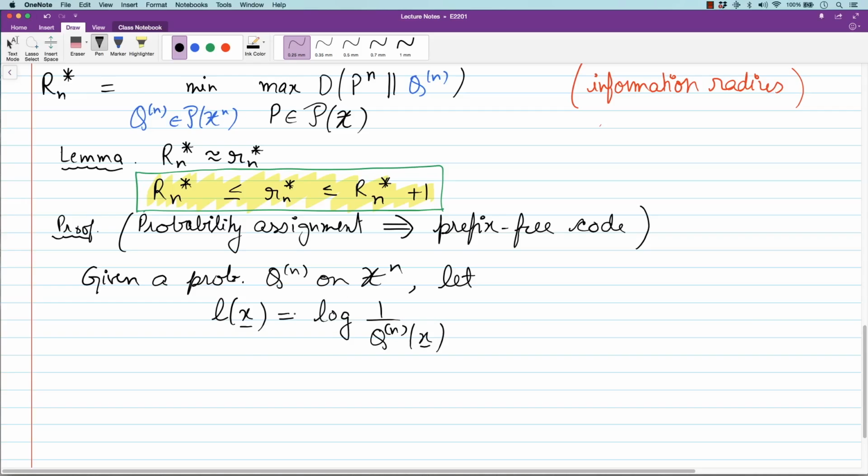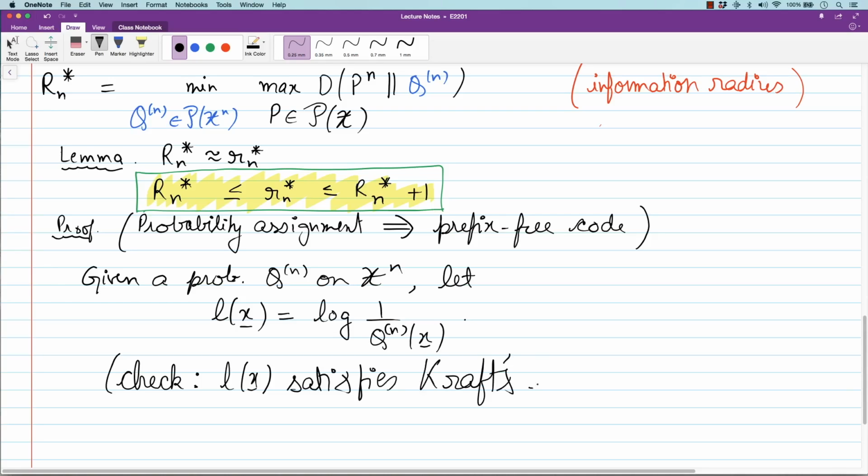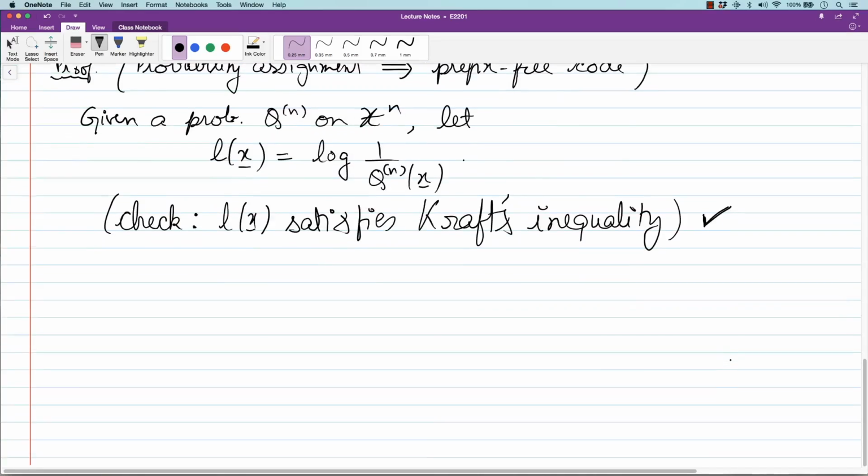If you use this, the first thing you can check, it's easy to check, we've done this before, is that L(x) satisfies Kraft's inequality. In fact, it satisfies Kraft's inequality with equality. So that's something we can check, and I urge you to check it.